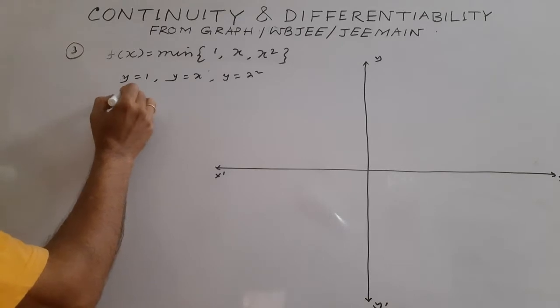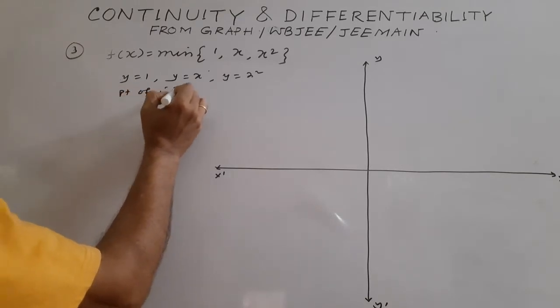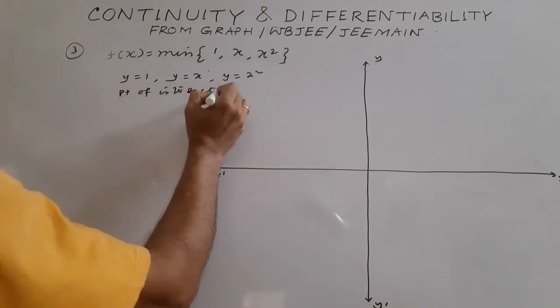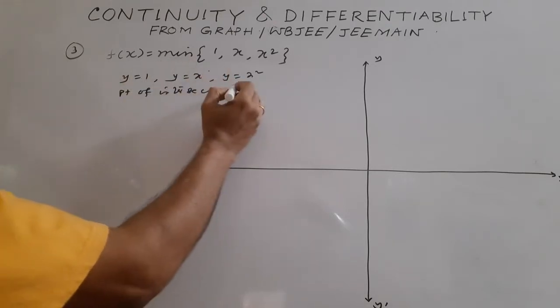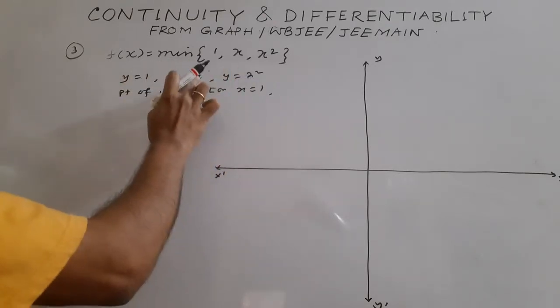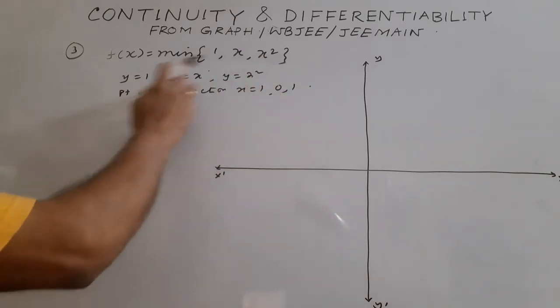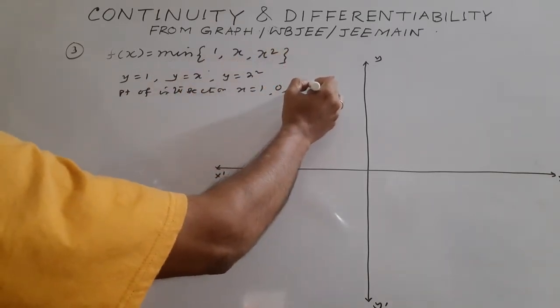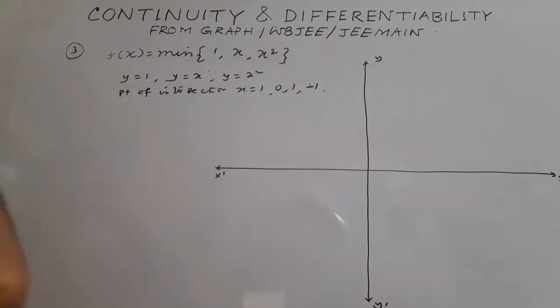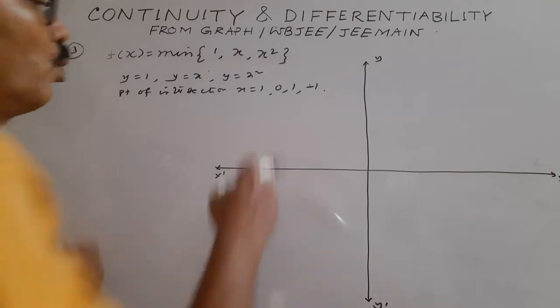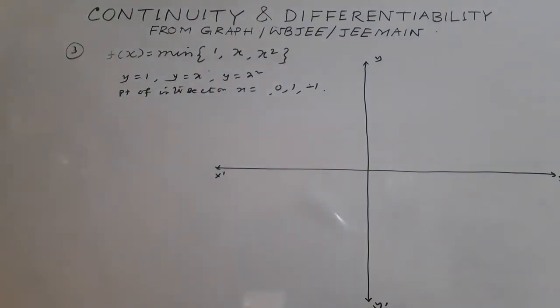Intersection of 1 and 2: x equals 1. 2 and 3: 0, 1. 1 and 3: plus minus 1. So 1 is already taken. So the points of intersection are 1, 0, minus 1.